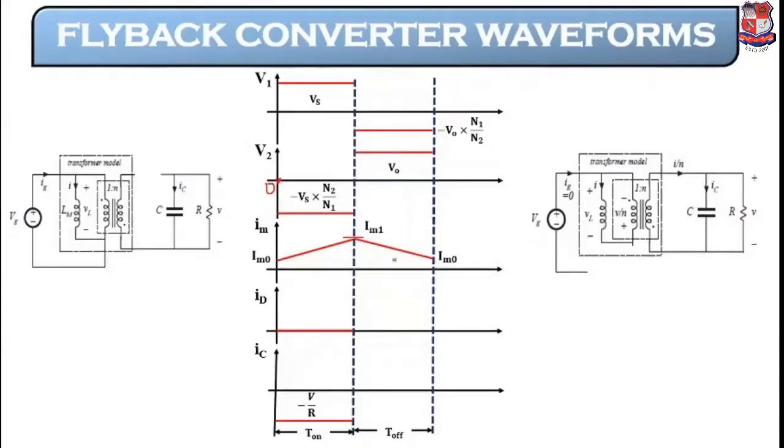If you check this analysis of the waveform, you can say that this converter is working in CCM mode, because the on time and off time are adjusted in such a way that the current does not go to 0 in the switching period.